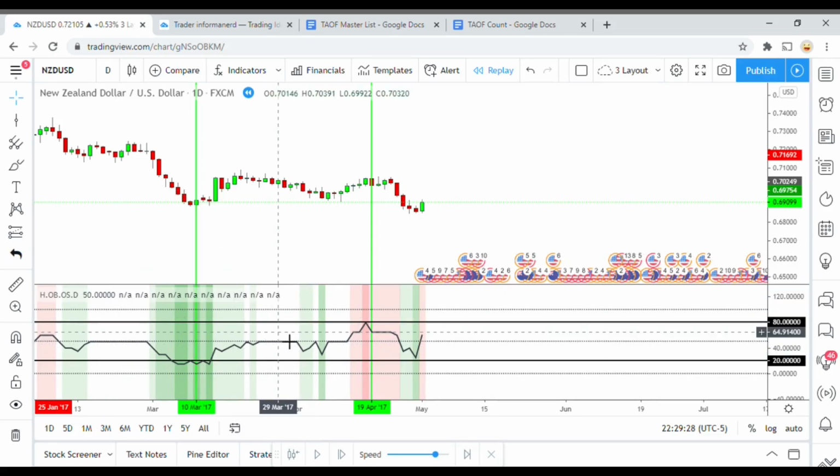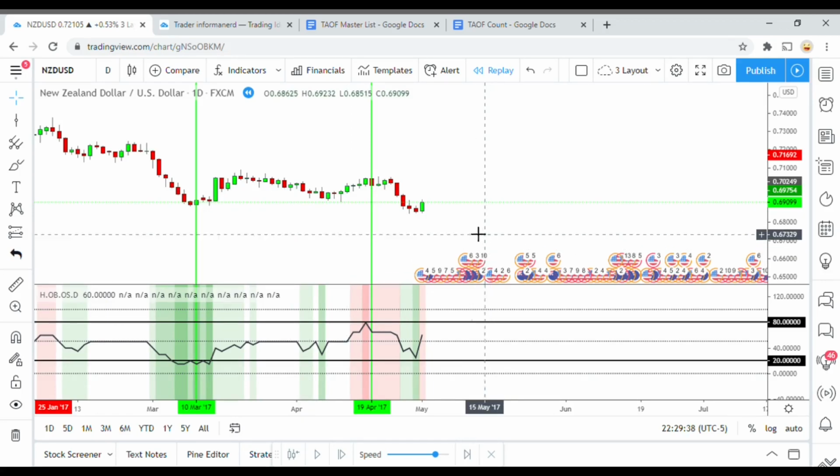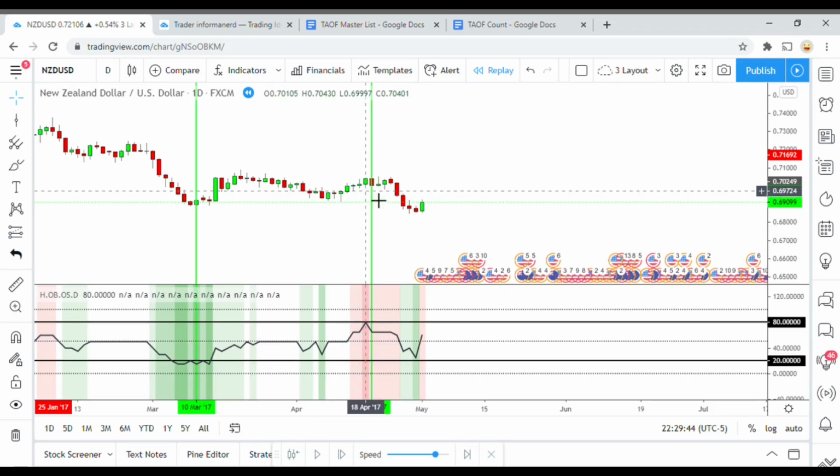It does seem like it catches a ranging market really well and reacts rather quickly when the ranging market jumps into a trending move.